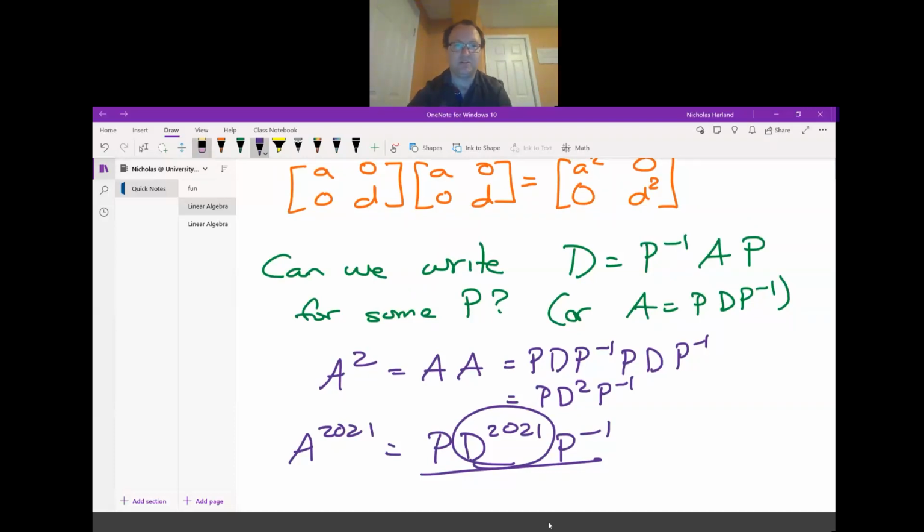So this isn't about squaring. This is about finding large powers of a matrix, not small powers. Small powers you just multiply out. But for large powers, this method, while somewhat involved, saves you a lot of time in the long run. No one wants to multiply a matrix out 2021 times. Or I guess I shouldn't say that. If you really want to, you have a good few decades to do that.